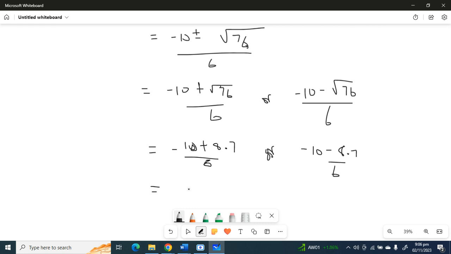Okay. You're supposed to find negative 0.2, because negative 10 plus 8.7, you get negative 1.3. Negative 1.3 divided by 6 is negative 0.2. Then you said the second one you got 11. Okay, let me just confirm. Negative 3.1.